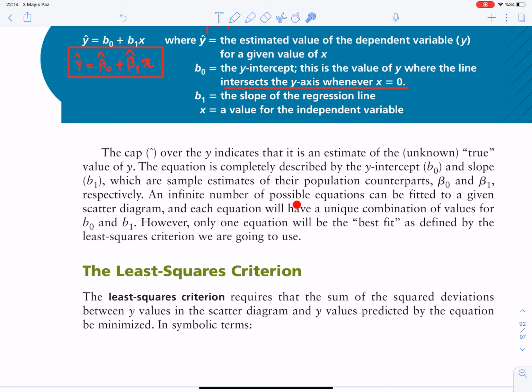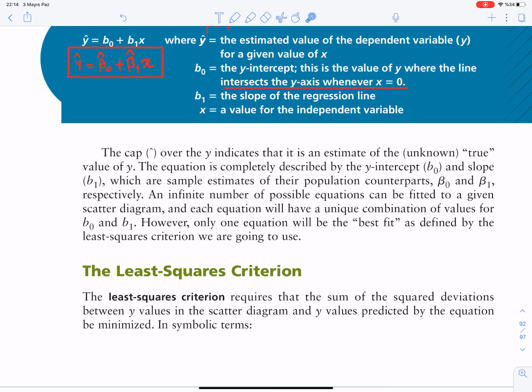An infinite number of possible equations can be fitted to a given scatter diagram, and each equation will have a unique combination of values for b null and b1. However, only one equation will be the best fit as defined by the least square criterion we are going to use.